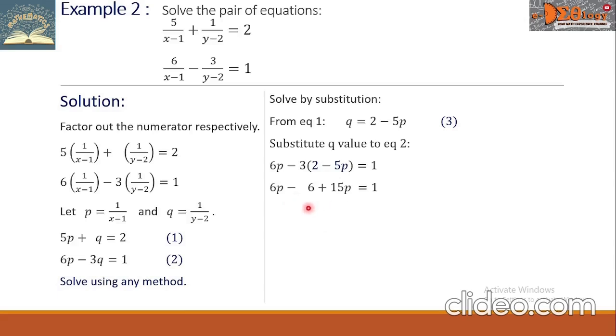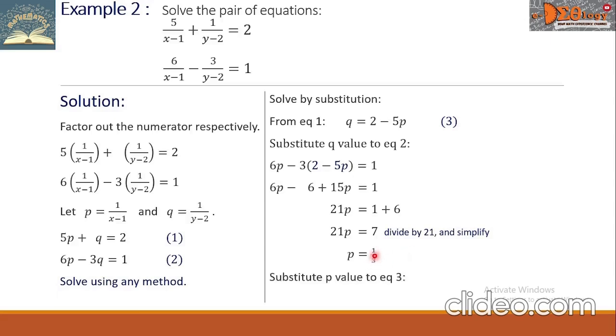From here, we can combine the 6p and the positive 15p. This negative 6 we will transpose to the right. So it becomes 21p on the left equals 1 plus 6, and the right side becomes 7. Now let us divide by 21 and simplify. We will get the value of p as 1/3.